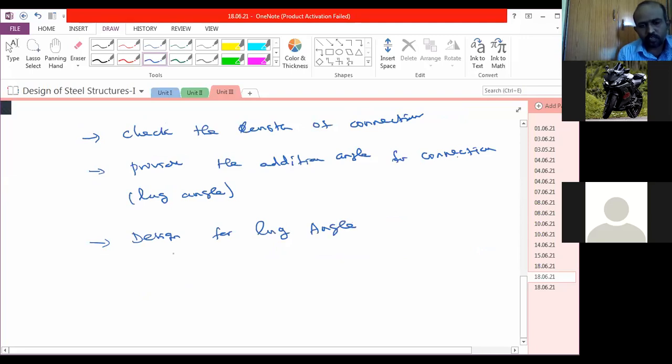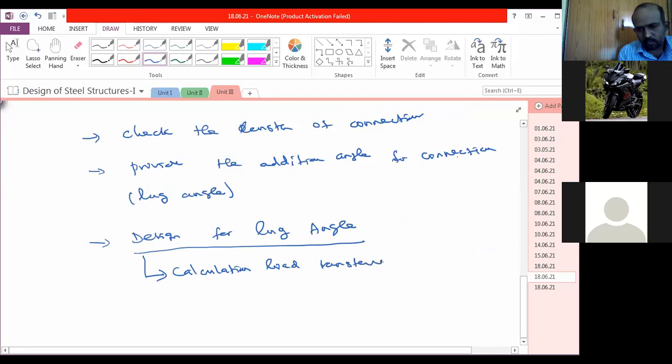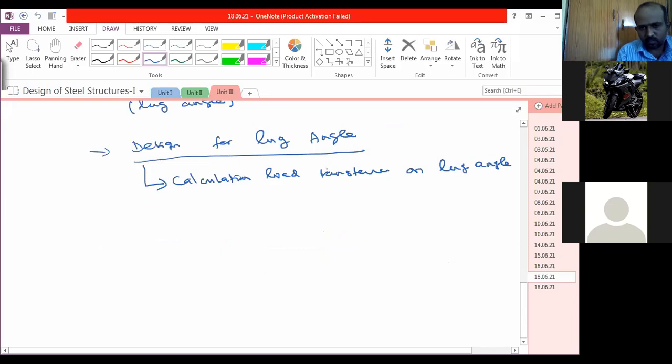So what needs to be designed? How much load is coming to the leg angle? So we calculate the load transfer on the leg angle. How much load is transferred to the leg angle, that needs to be calculated.